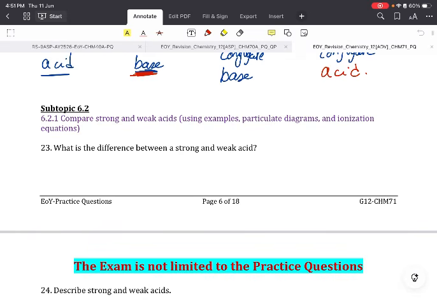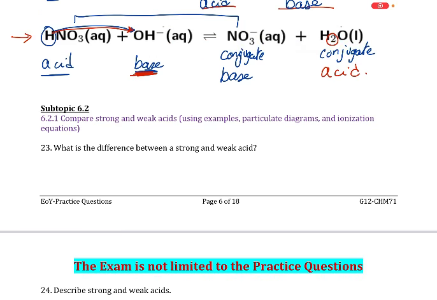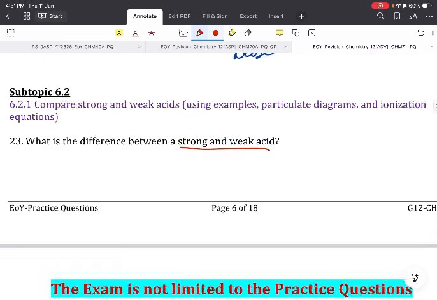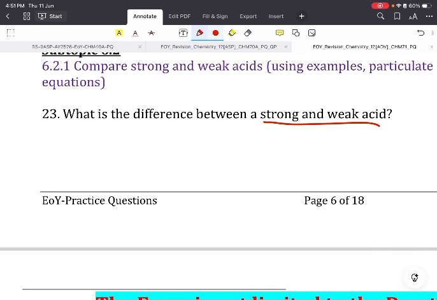On to subtopic 6.2. What is the difference between a strong and a weak acid? The main difference between a strong and a weak acid is in the degree of ionization.